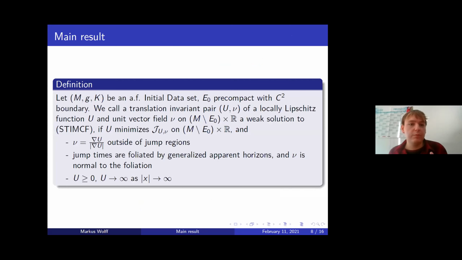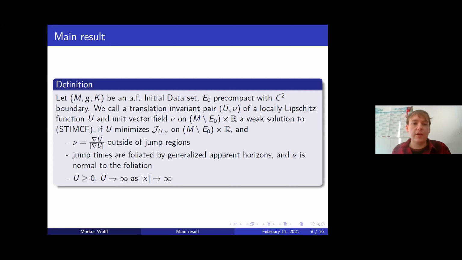To be a little bit more precise, what we now regard as a solution to initial data E0, we no longer just define only on the initial data set, but rather we go to the cylinder M without E0 cross R, and there we require a pair of a translation invariant function u and unit vector field nu, where nu is translation invariant, but not necessarily tangent to the original initial data set.